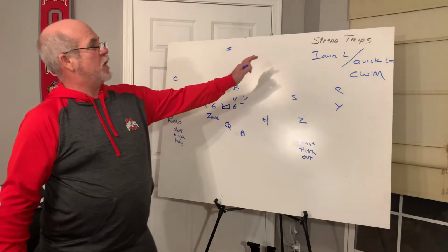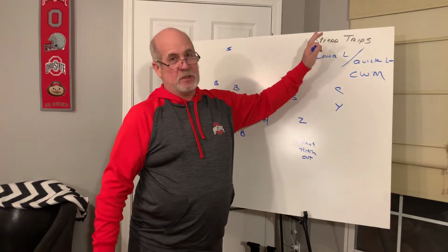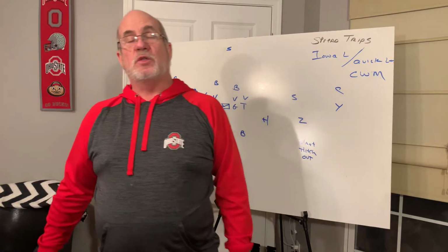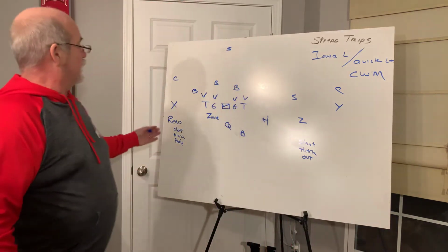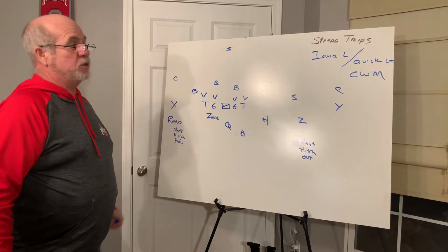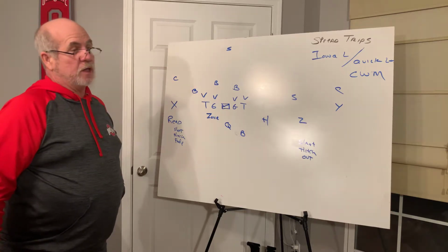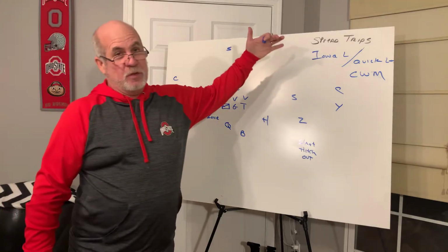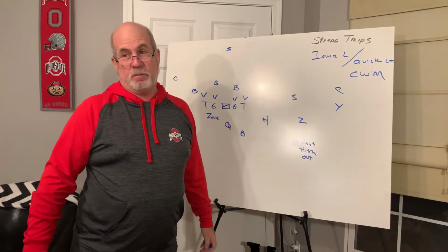But I want everybody to understand that this is a perfect example of a check with me play, which really is a combination of at least 3 different looking plays to the defense. A throw to the single receiver, a zone run against the box, or some type of a two-man concept out here.